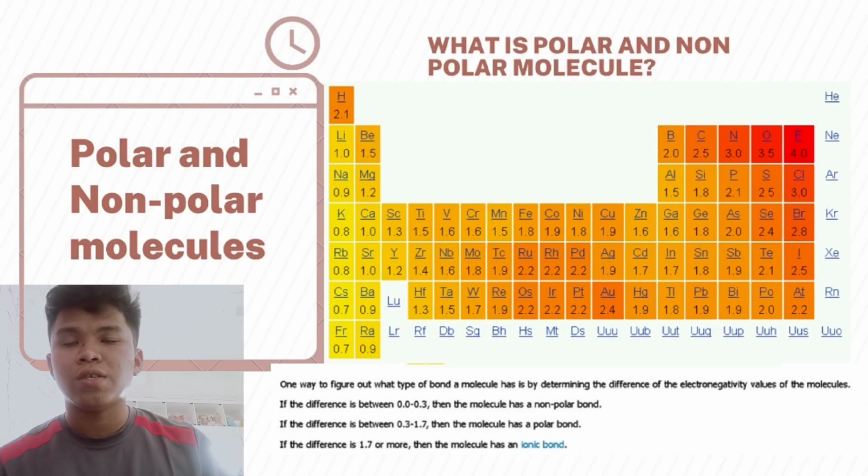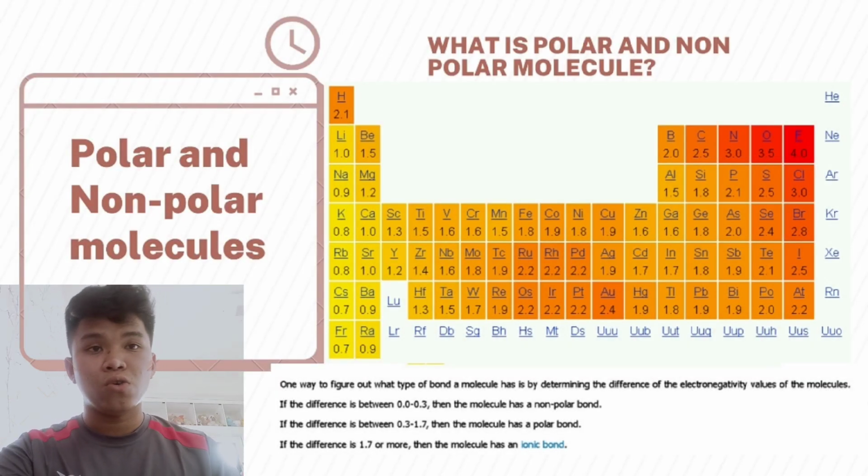Guys, makikita nyo sa screen yung table of elements. So, one way to figure out what type of bond a molecule has is by determining the difference of the electronegativity values of the atoms. So, if the difference is between 0.0 to 0.3, then the molecule has a nonpolar bond.